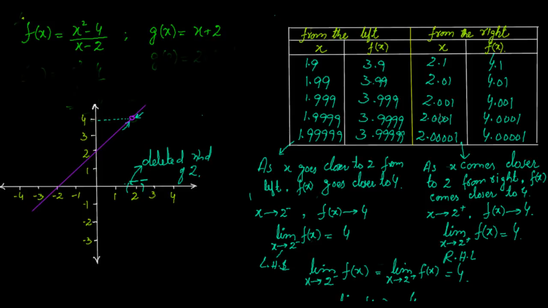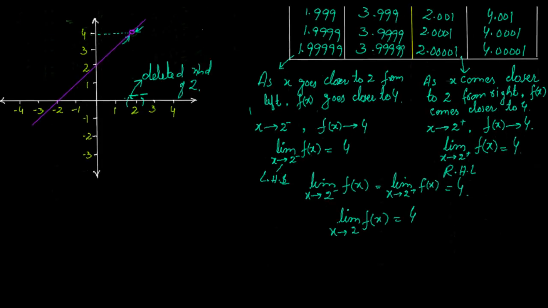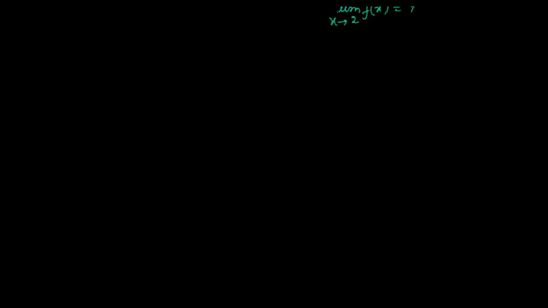So with this, we are now in a position to define the limit of a function at any point a. So here is the definition. Let me write the definition with this color.